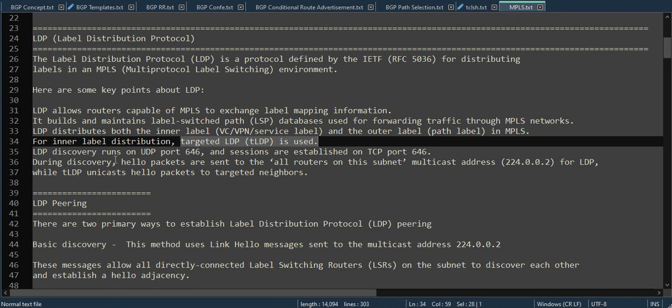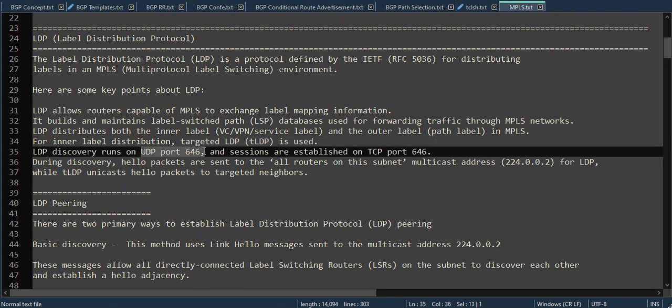LDP discovery runs on UDP port 646 and sessions are established on TCP port 646. Discovery uses UDP port 646 and session uses TCP port 646.